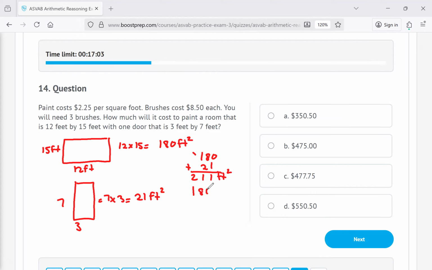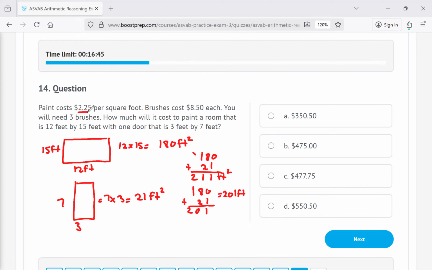Wait, 180 plus 21 is, oh no, I did it wrong. 180 plus 21, 0 plus 1 is 1, 8 plus 2 is 10. Carry the 1, that's 201. So it's actually 201 square feet.